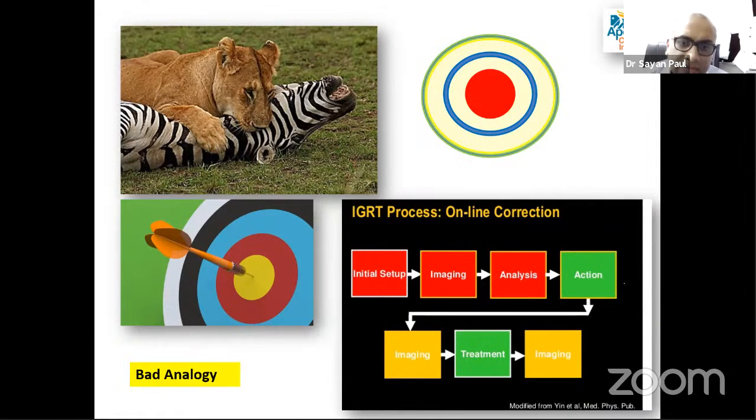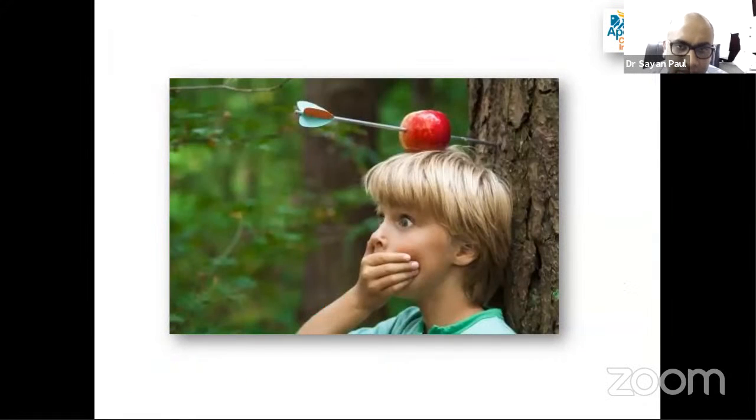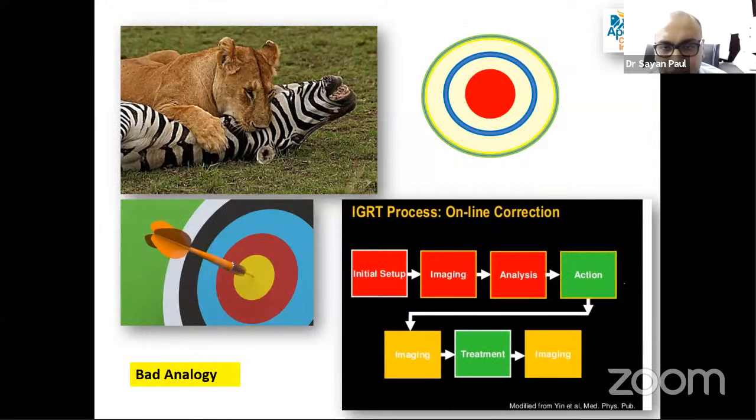In radiation delivery, if you miss the target, you might damage a normal structure surrounding the target. So in any case, you have to be very, very precise and very, very accurate. To be precise and accurate, you need to adopt this technique called image guided radiotherapy.